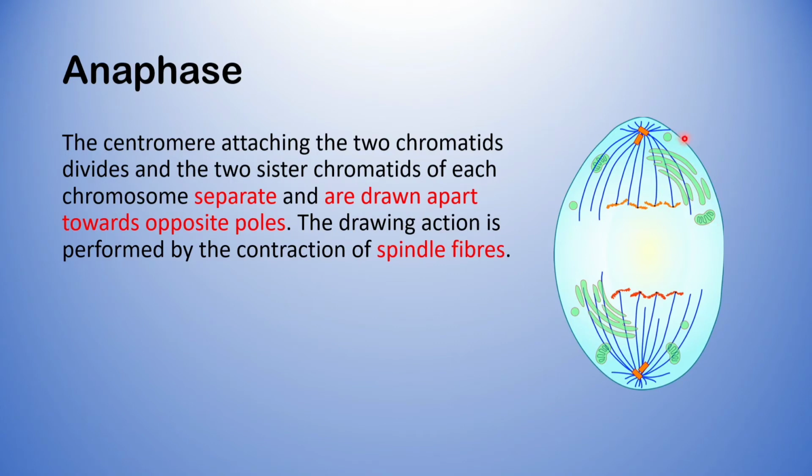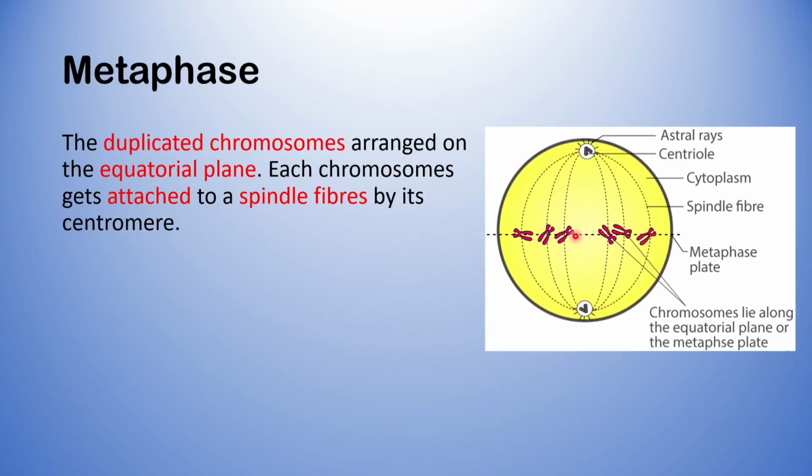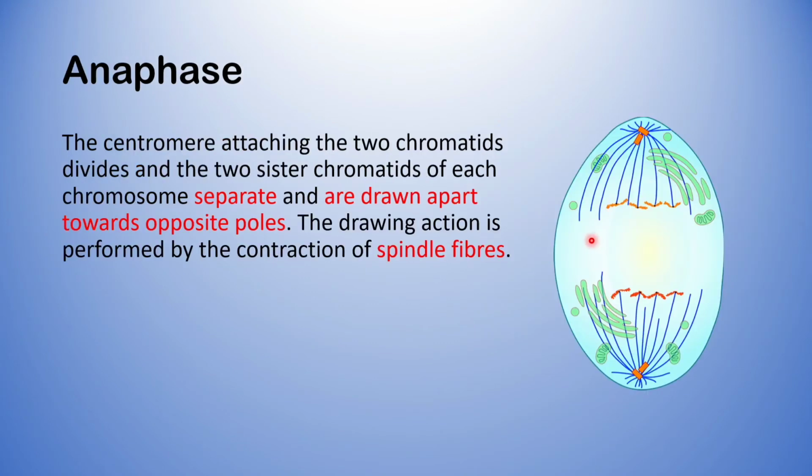Now what happens in this phase? As we discussed in metaphase, the chromosomes are lined up in the equatorial plane called the metaphase plate, attached at the centromere.